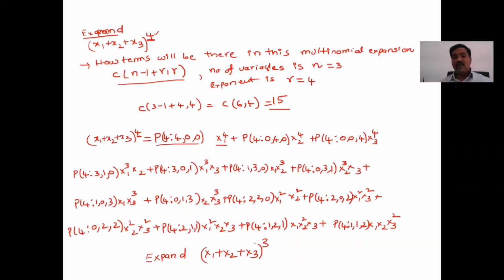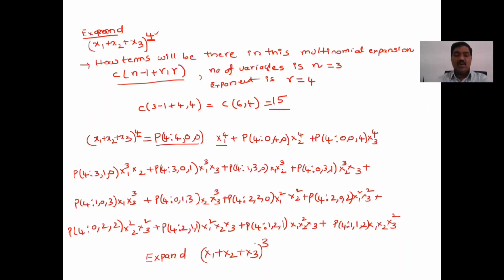Always, when your multinomial expansion is given, you should first find out how many terms will be there. For that, the formula is C of n minus 1 plus r comma r. Now you have to see what n is in this case. N is nothing but how many different variables are there. That indicates the n value.